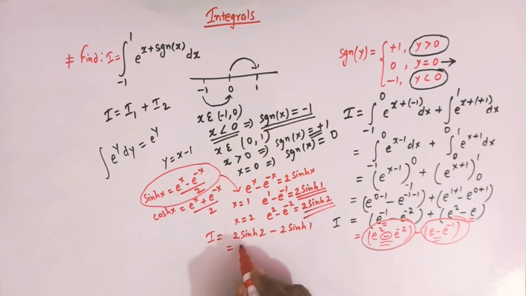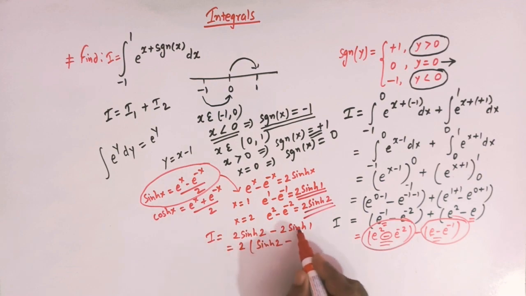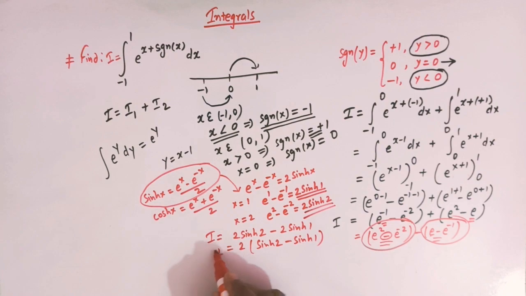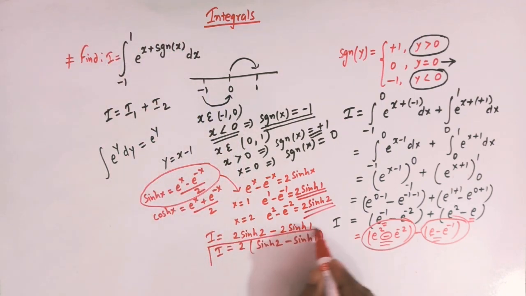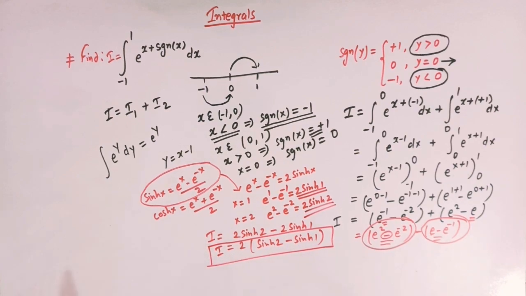And if we take 2 common, we'll get the hyperbolic sine of 2 and here we have sinh 1, right? So the value of this integral is equal to this expression, right?